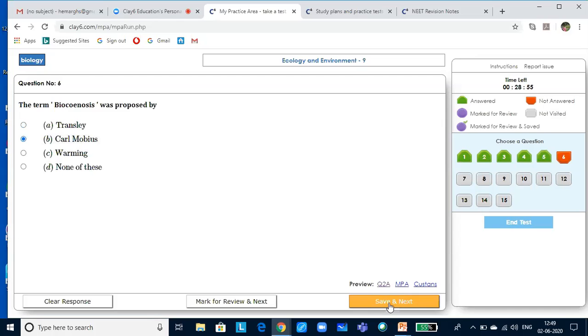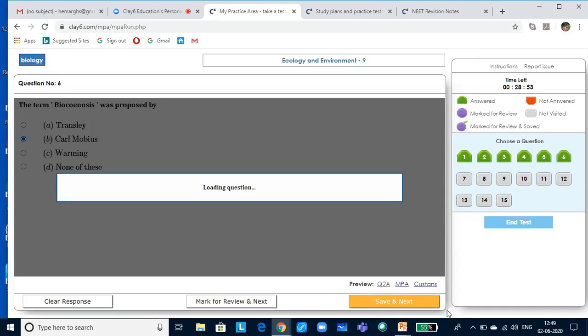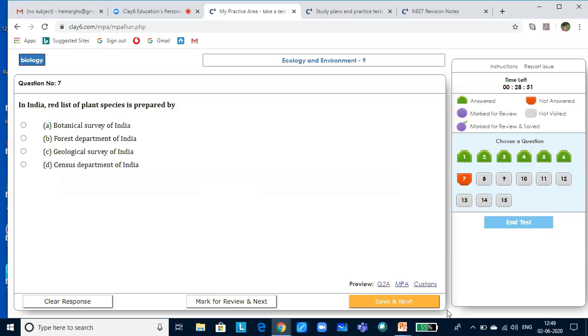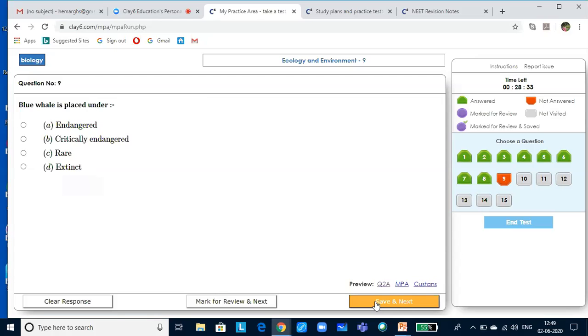See, all these scientists who have contributed, you had to make a note of all these things. In India, the Red List of Plant Species is prepared by the Botanical Survey of India. Diversity of habitats over total geographical area is what we call gamma diversity. Blue whale is placed under endangered.